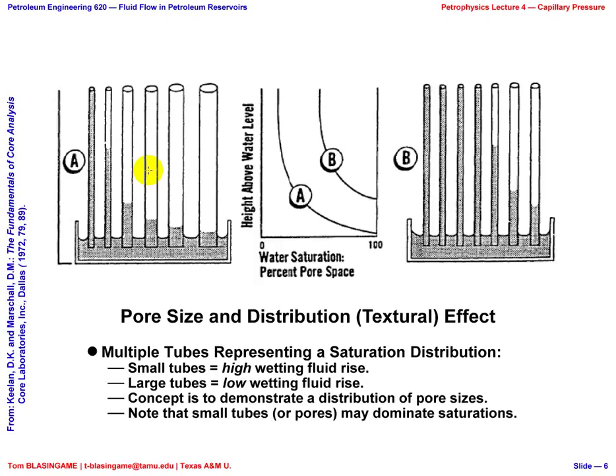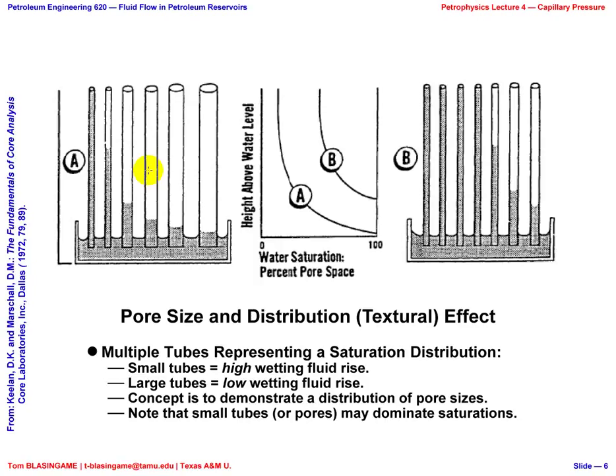And this is your smallest tube. And unfortunately, I've drawn this incorrectly as well. I'm not a very good artist. But it should go straight up to infinity. Okay? So the smallest tube will control the irreducible, or the smallest tubes will control that, and the largest will control this.